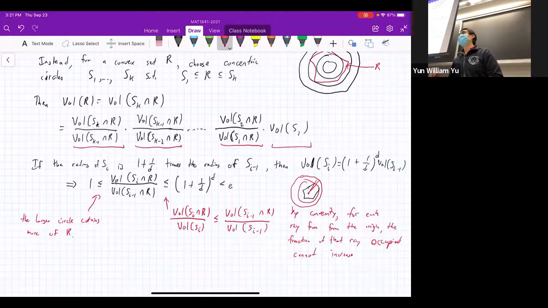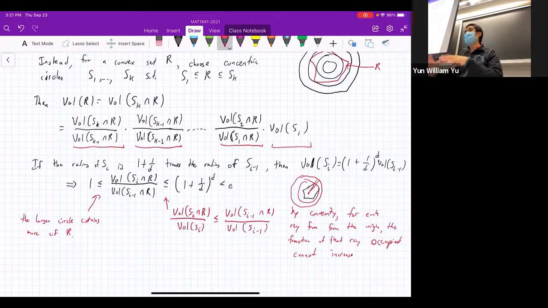And this is by convexity, because as you look from the origin and go out, once you hit the boundary of whatever object it is, after that the ray is never going to contain any more of that object, by convexity. Whereas if it was non-convex, you could have some weird thing happening where the ray contains more of it.